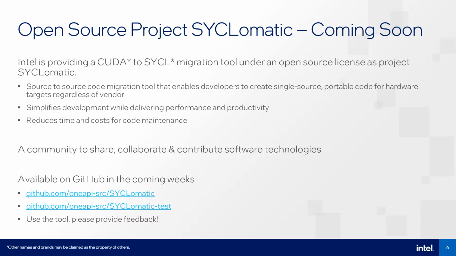Project SYCL is a source-to-source code migration tool that allows developers to create single-source portable code for hardware targets regardless of vendor. By reusing code across architectures, this simplifies development while delivering performance and productivity, and reduces time and costs for ongoing code maintenance.